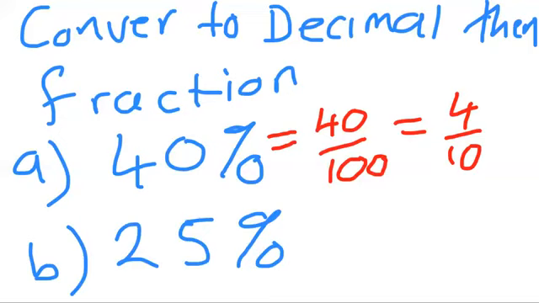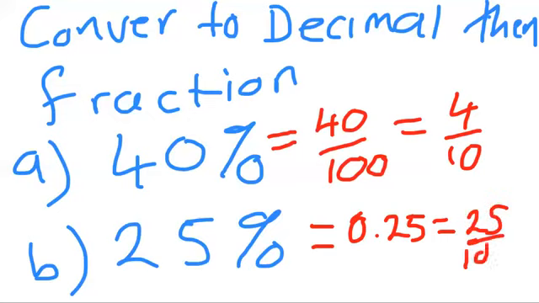Let's go to the next one, which is 25%. 25% is 0.25, which is 25 out of 100. So somebody can go direct, somebody can use the decimal direction.